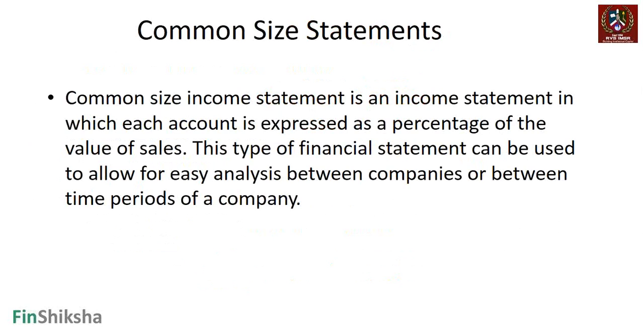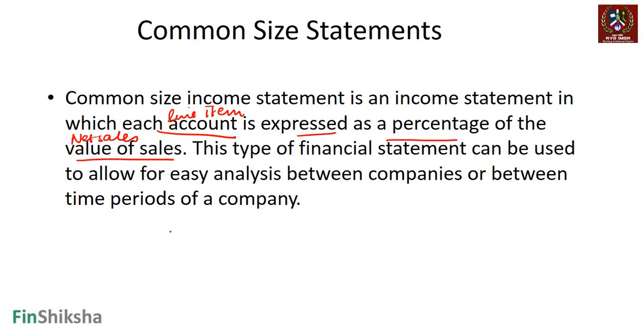A common size statement is an income statement where each account, each line item of the P&L, is expressed as a percentage of the value of sales. Typically, you use net sales for this. This type of financial statement can be used to allow easy analysis between companies or between time periods for the same company.